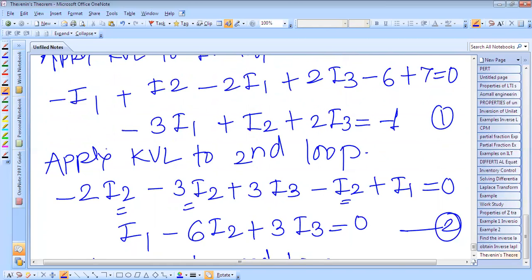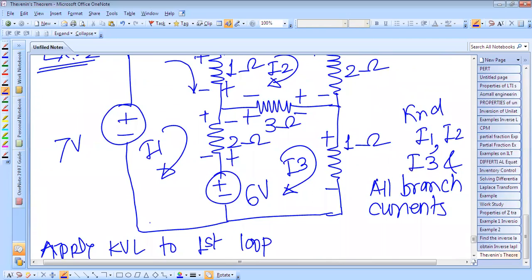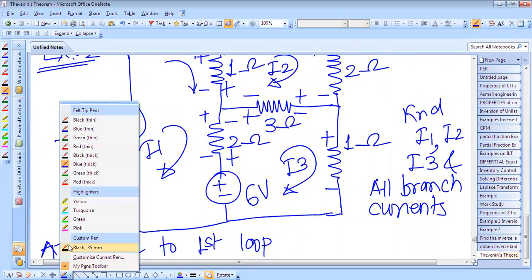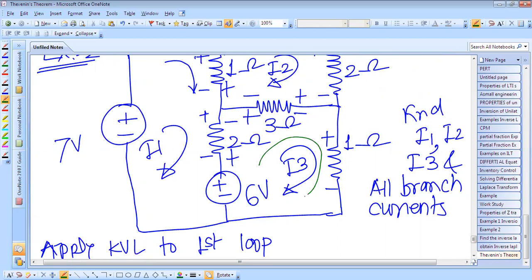So this is the third loop. We are applying the KVL to this loop. There will be a fall in potential because of this I3, but there is a rise in potential because of this I2.